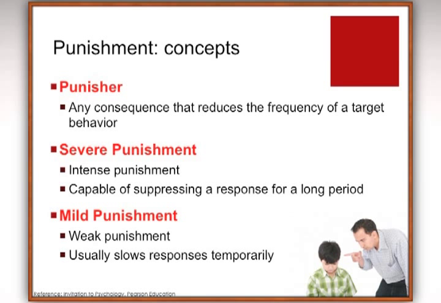Severe punishment refers to intense punishment, which is capable of suppressing a response for a long period. Whereas mild punishments are relatively weak. They usually slow a response temporarily.